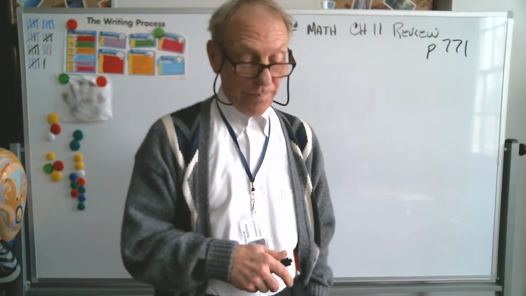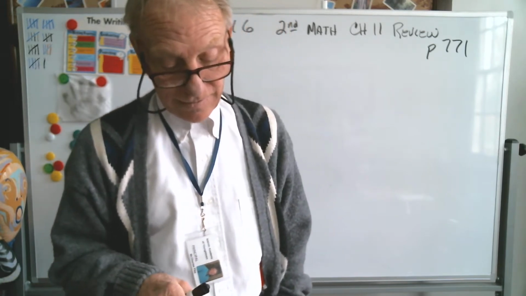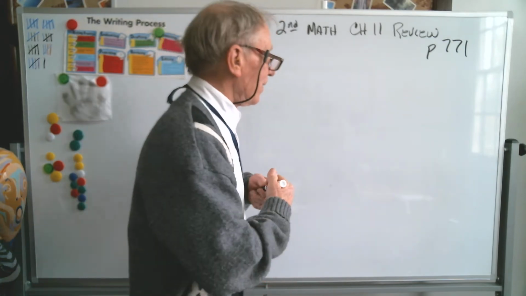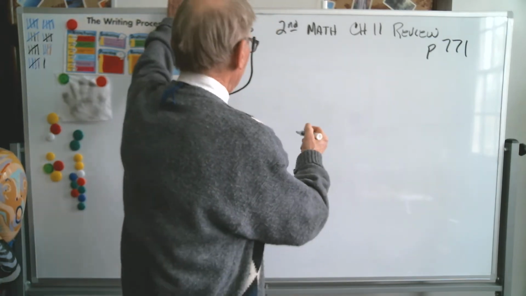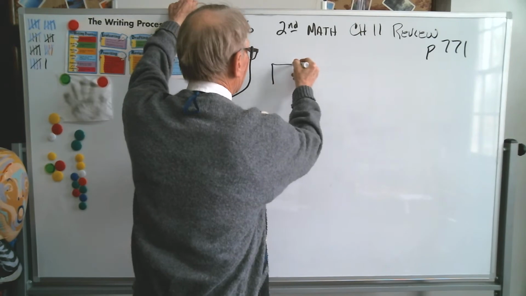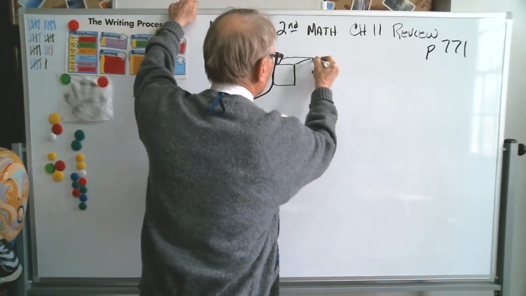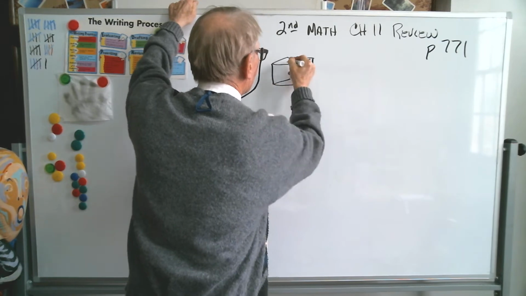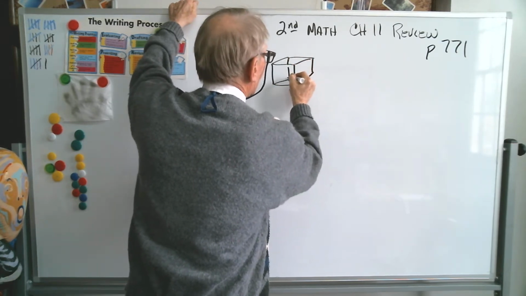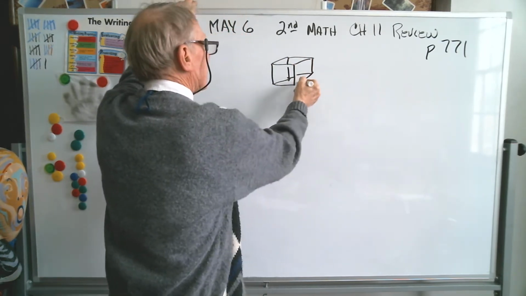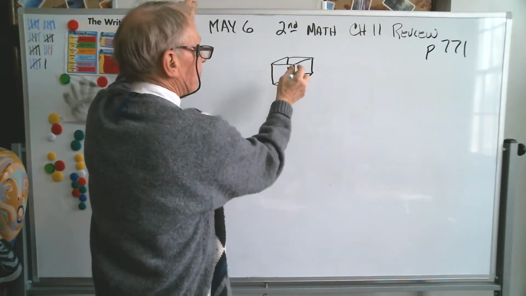Number 2, do the sentences describe a cube. Now remember, vocabulary, you have to know what a cube is. A cube is a three-dimensional shape where all the sides are the same length.